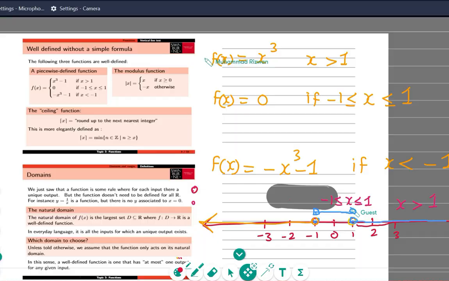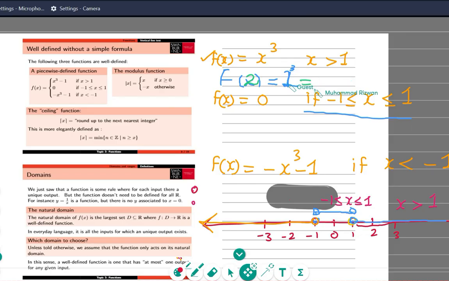Put any value x greater than 1 and check whether you are getting a single output or more than one output. I put x is equal to 2, write 2 cube.